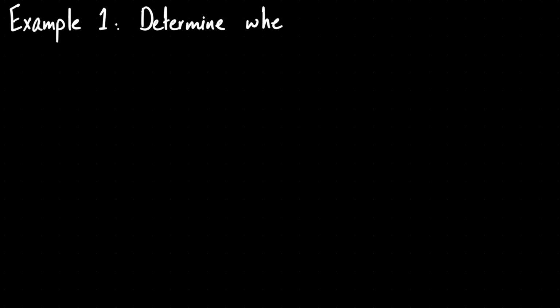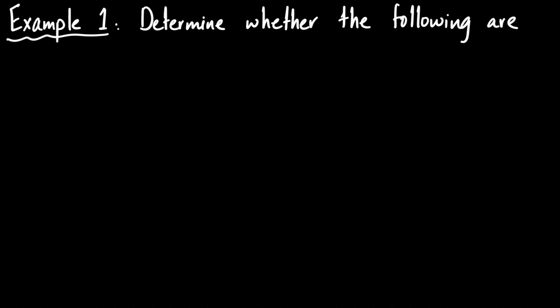But before we go on to this very long discourse on finding the derived units for a lot of the derived quantities, in this video, let's just talk about an example where you'll be asked to determine whether the following are physical quantities.